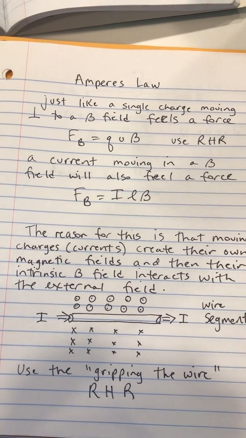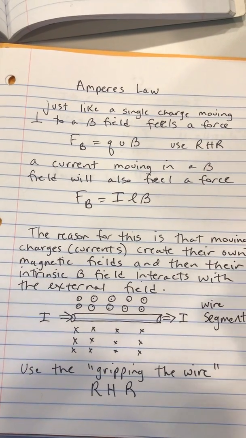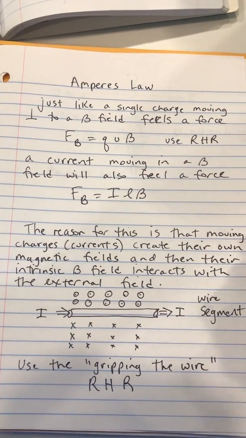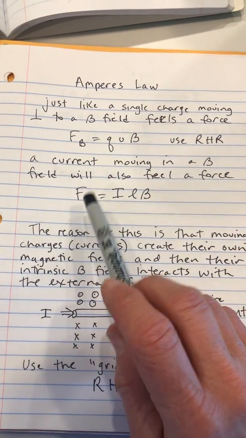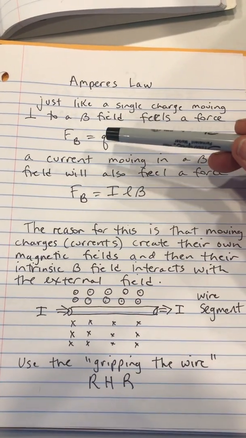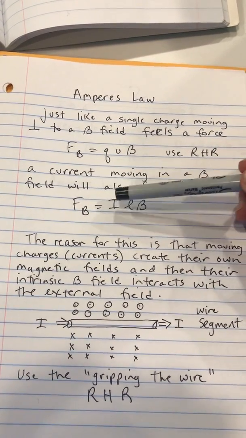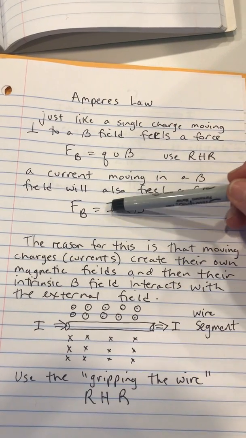Well, in the same way, a current moving in a magnetic field also feels a force on it. And the formula for that is similar. Instead of Q, it's I, the current, instead of the charge. Of course, current is a bunch of charges.